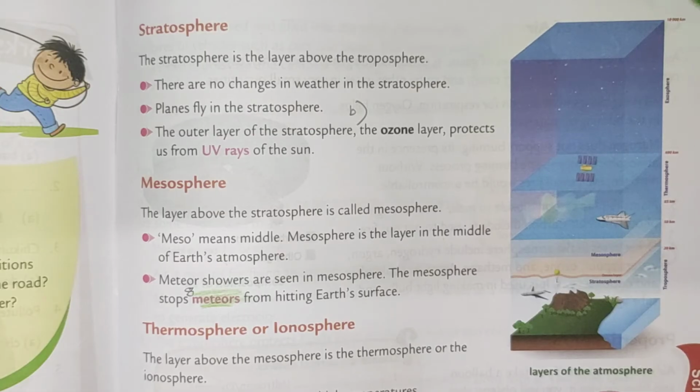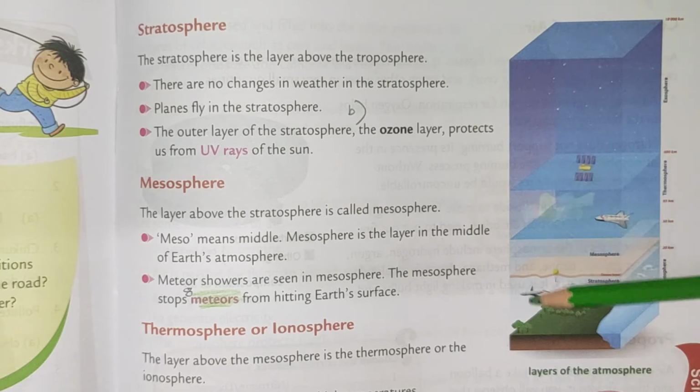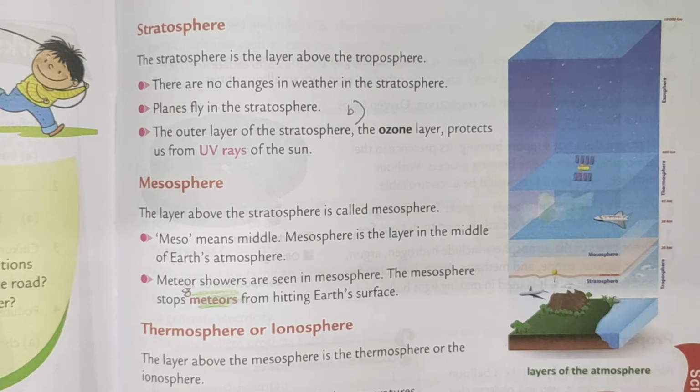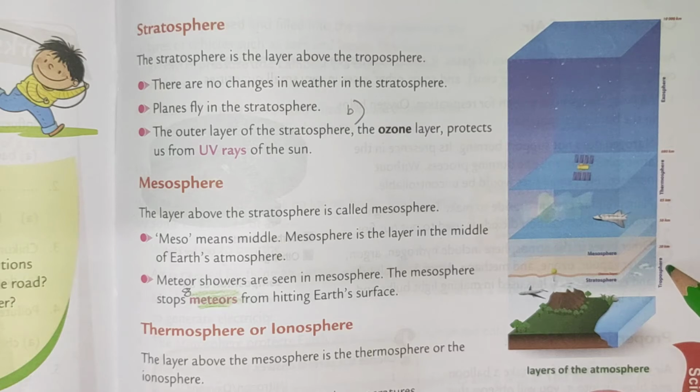So here in the picture on page 183 is the picture of the atmosphere. Here, the five layers of the atmosphere are given. The number one is the troposphere. It is the lowest part of the layers of the atmosphere.